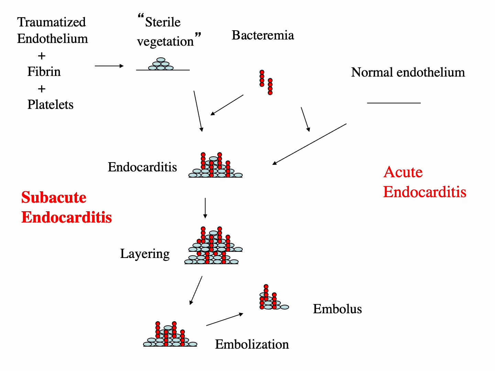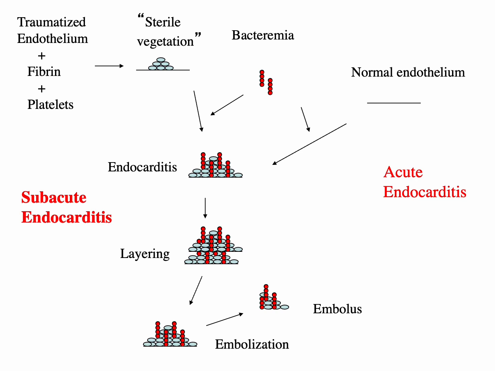And then in the subacute endocarditis, this vegetation allows them to bind, and then they start to multiply, and then more platelets, more fibrin are going to be put down, and more bacteria, either from the bacteremia or those already there, start to multiply.